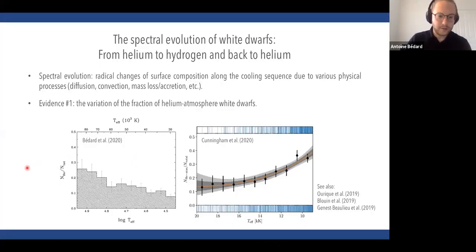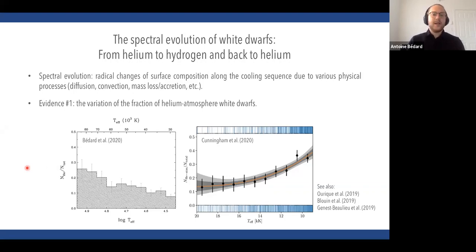The term spectral evolution refers to the fact that white dwarfs can experience radical changes of surface composition as they cool. These changes are caused by several processes such as diffusion, convection, and mass loss or accretion.